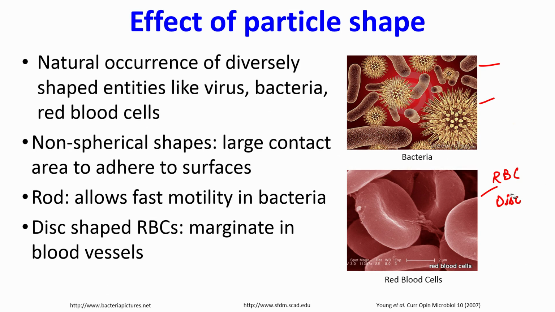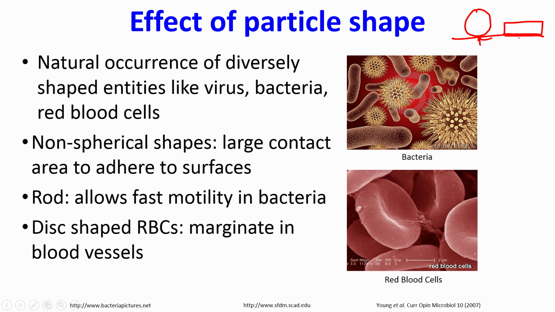If I seed a spherical particle onto a surface, the contact area is essentially this little point right here, whereas if I am seeding a rod shaped particle, you have a much higher surface contact, and so it will help the bacteria adhere to the surface better.